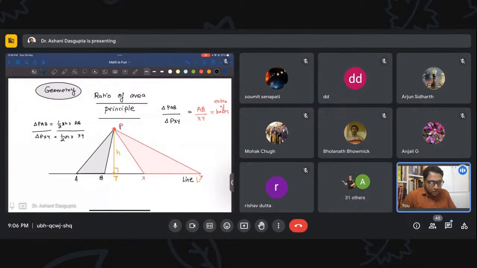If you take the ratio of the two areas, you can cancel off the half, cancel off the H. So you have AB over XY.